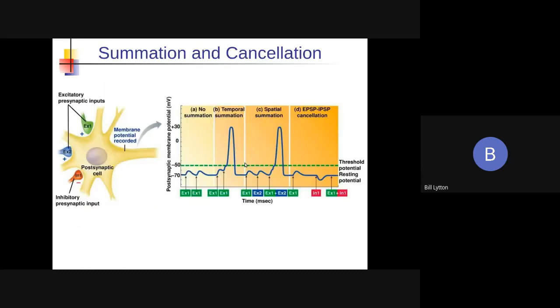So just an example here of summation versus no summation, with the potential for activation of a dendritic or a somatic action potential, and a potential for an IPSP canceling an EPSP.